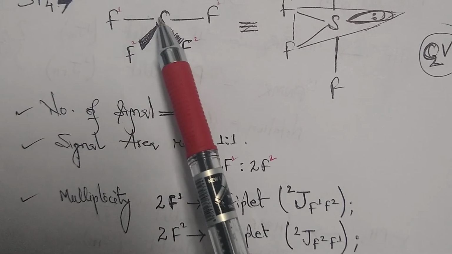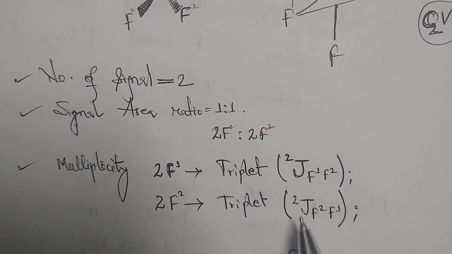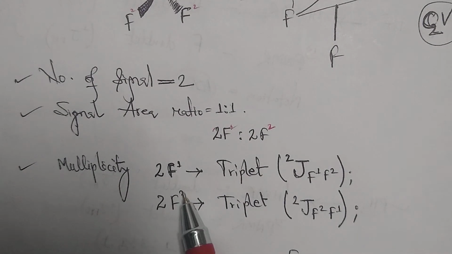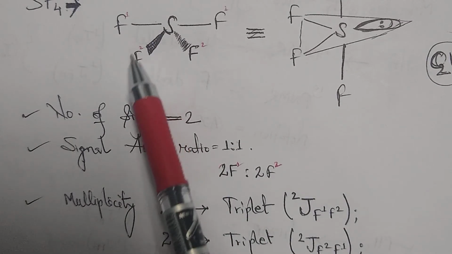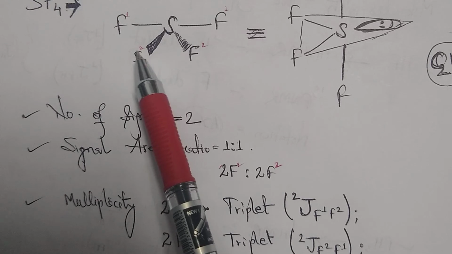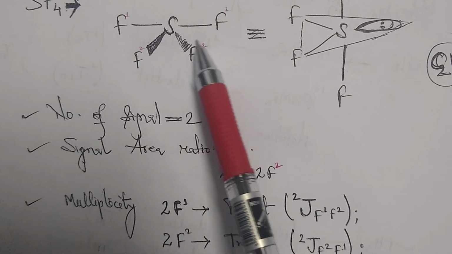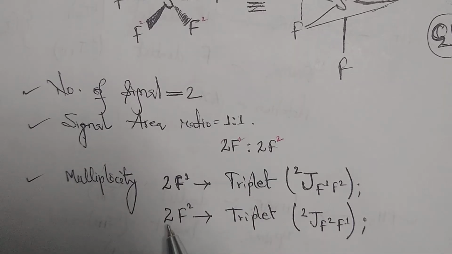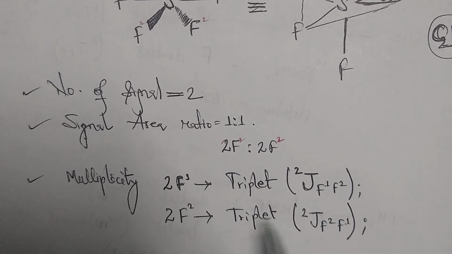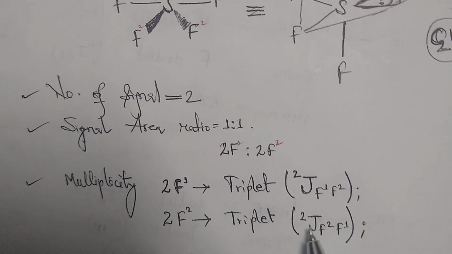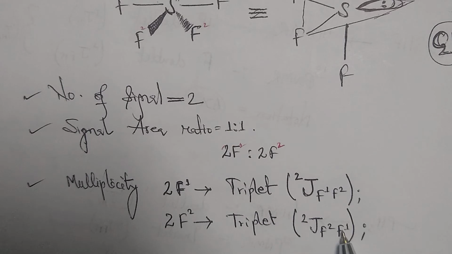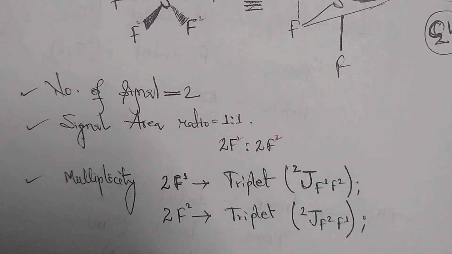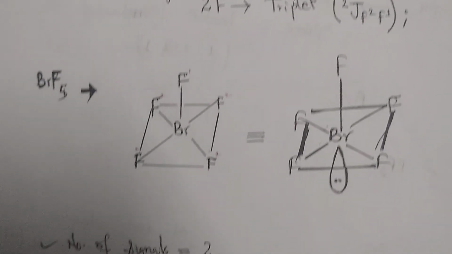If we are getting the triplet signal for this fluorine then we will get exactly a similar signal for this fluorine also. So we get a triplet signal for the 2 fluorine of the second type with 2 bond coupling constant, that is 2J F2 due to F1.